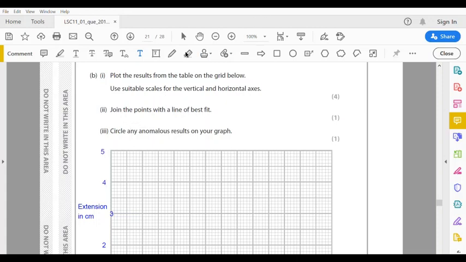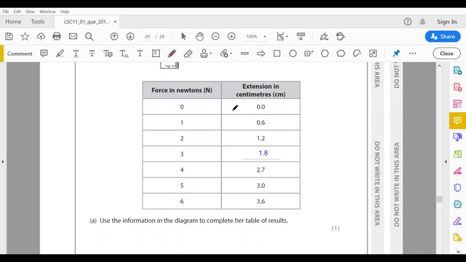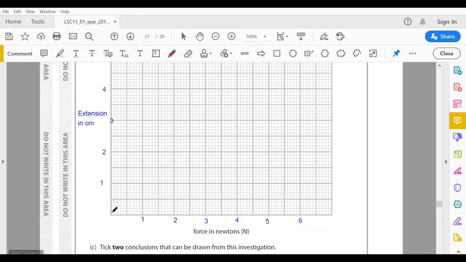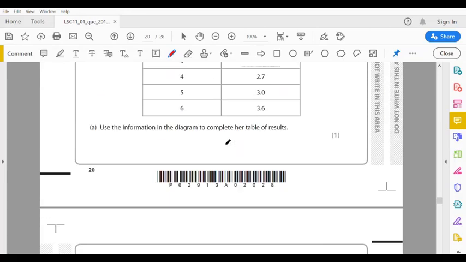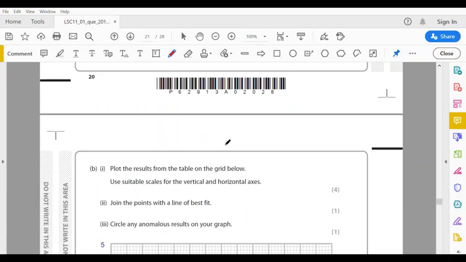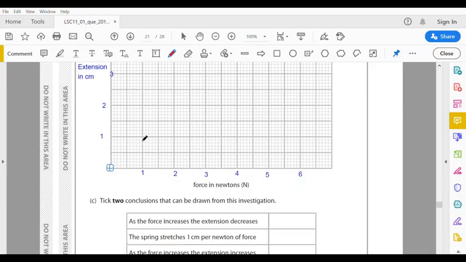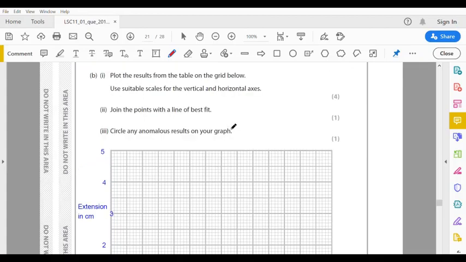Now I'll mark the plot. I'll mark the points, then join the points with the line of best fit, as they are telling. 0 is 0, so I put the dot here. Second one, it's 0.6.